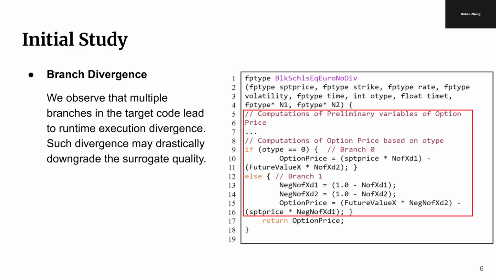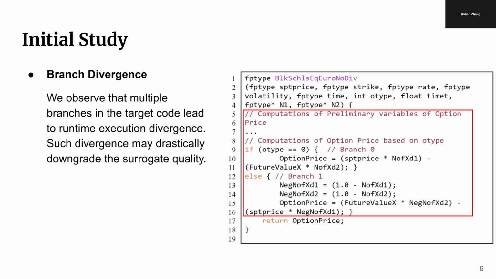Branch 1 calculates extra complementary variables that branch 0 never touches. Now, imagine training a single one-size-fits-all network across both branches. It is forced to average 2 behaviors and captures neither cleanly.